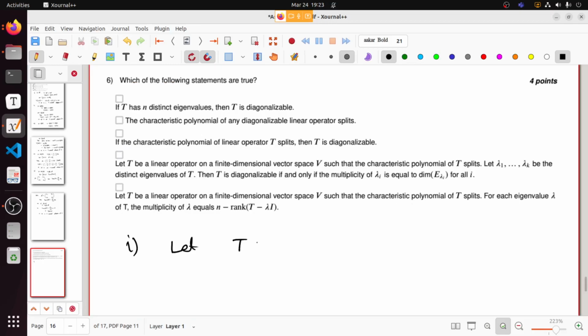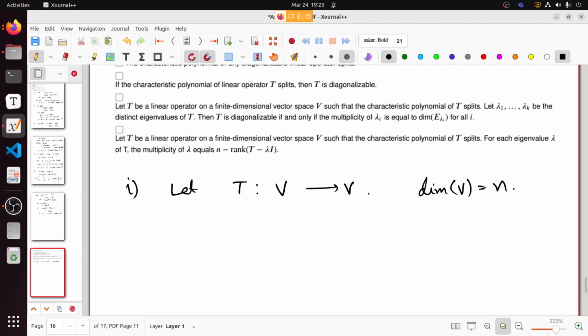So let T be a linear operator from B to B, where dimension of B is n. If T has n distinct eigenvalues, which implies T has n distinct eigenvectors, which are linearly independent.